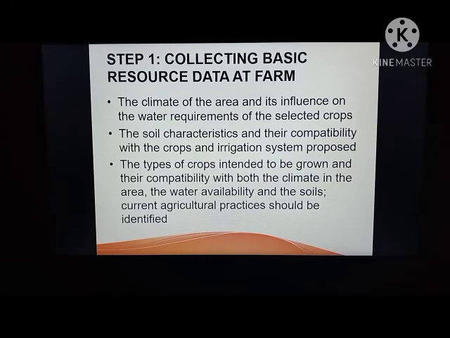So in step 1, we are basically collecting basic data in the farm.